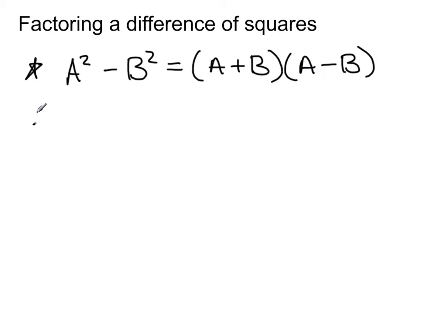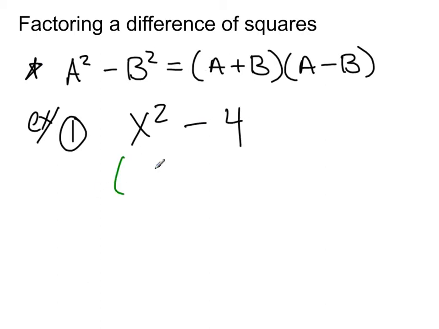So our first one is x squared minus 4. Now, we're starting off nice. If we can view this as something squared minus something squared, then it'll fit our formula. The first something we have is x. X squared is x squared. And 2 squared is 4.